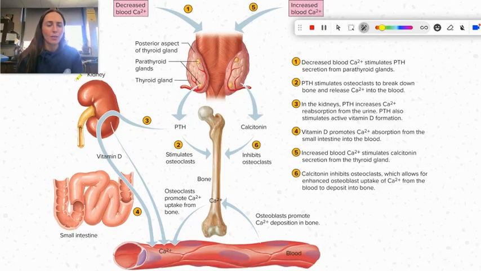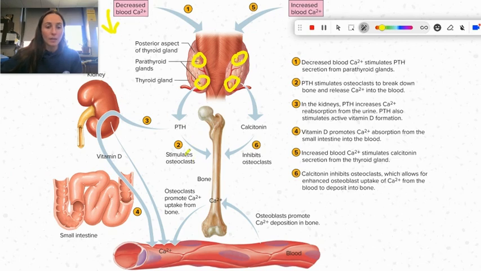All right, so we've seen a diagram that kind of looks like this in our homeostasis unit. But now that we've got a little more knowledge, maybe this makes more sense to us. So if we look at what's happening over here, we have low levels of calcium in the blood. We can see that this parathyroid gland, which there's four of them, is going to tell us, ooh, calcium's low.